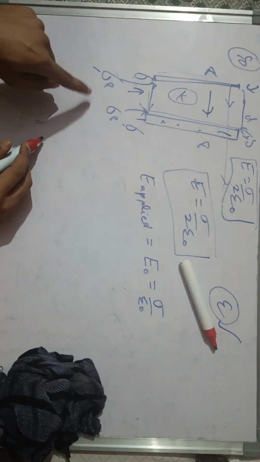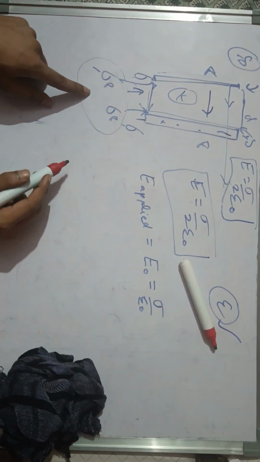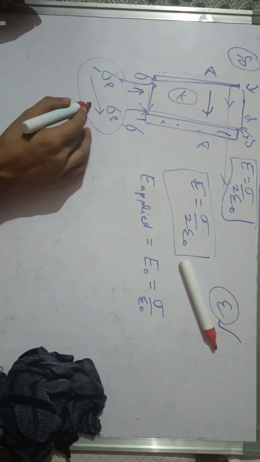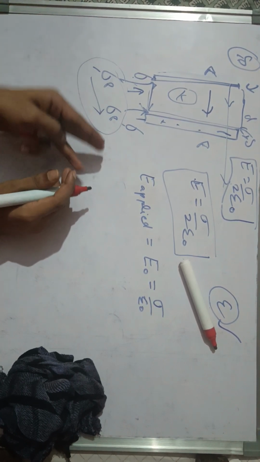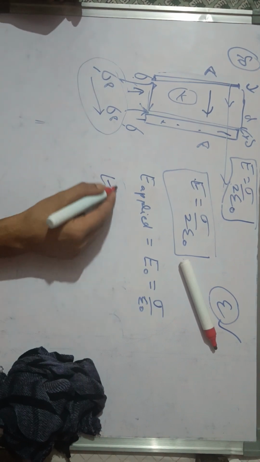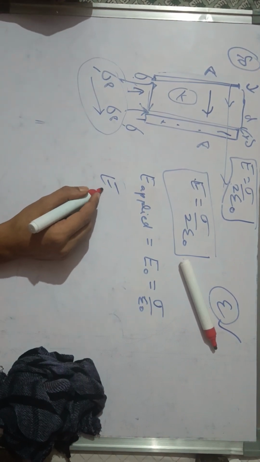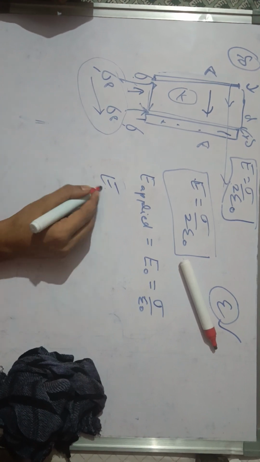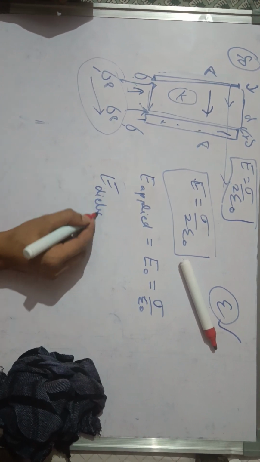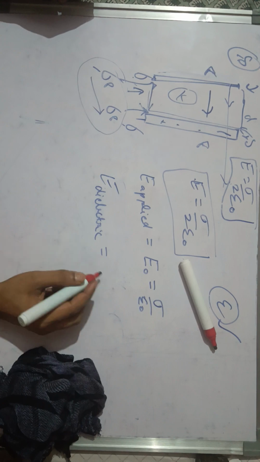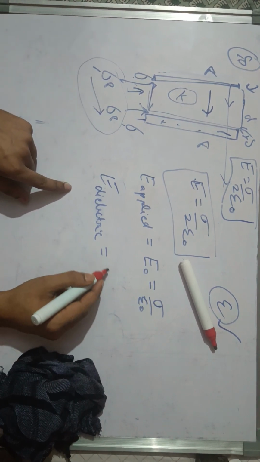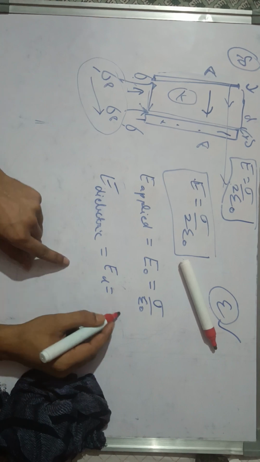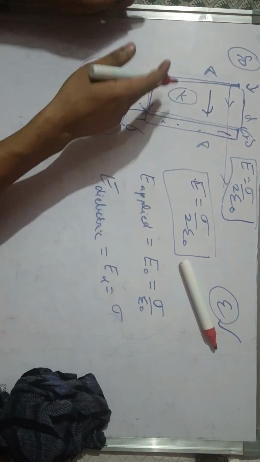Now these two will also produce some field, just like these two produced fields. The field due to these two is in the opposite direction of the supplied field. So E due to the dielectric, let's call it ED, is equal to sigma p by epsilon naught.